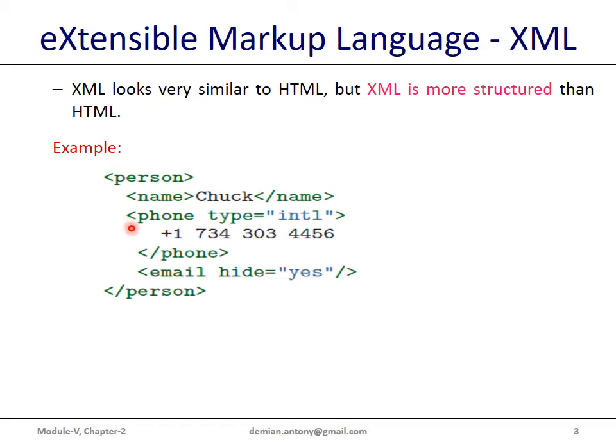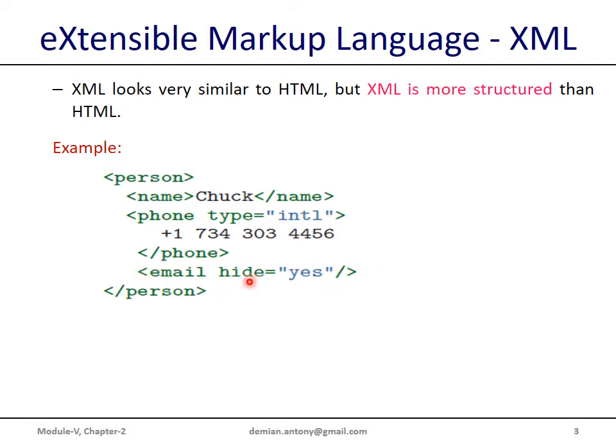and the second child is phone. Phone has a text which is a number, and the phone element has one attribute called type. Attribute name equal to value. Value is international. The third first level child is email.